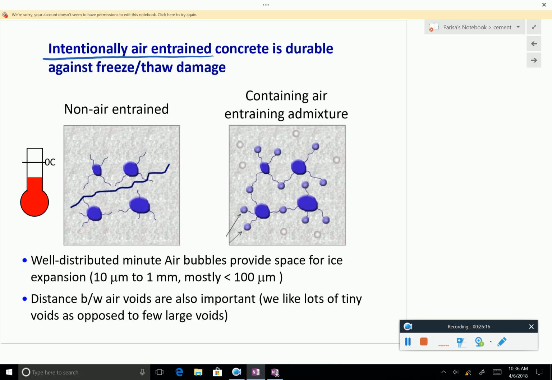You don't want them to be large and concentrated. You want them to be tiny, but everywhere inside your mixture, so that water can escape and you don't have the problems that you have if you don't do it. It is now common practice. Almost every mixture has this air entraining agent. It's not an exotic admixture anymore, because people have realized how important it is.